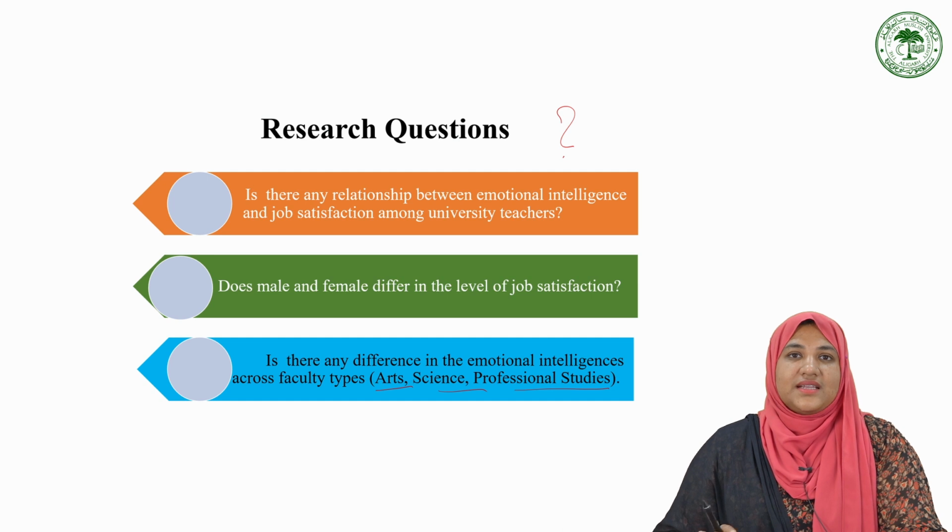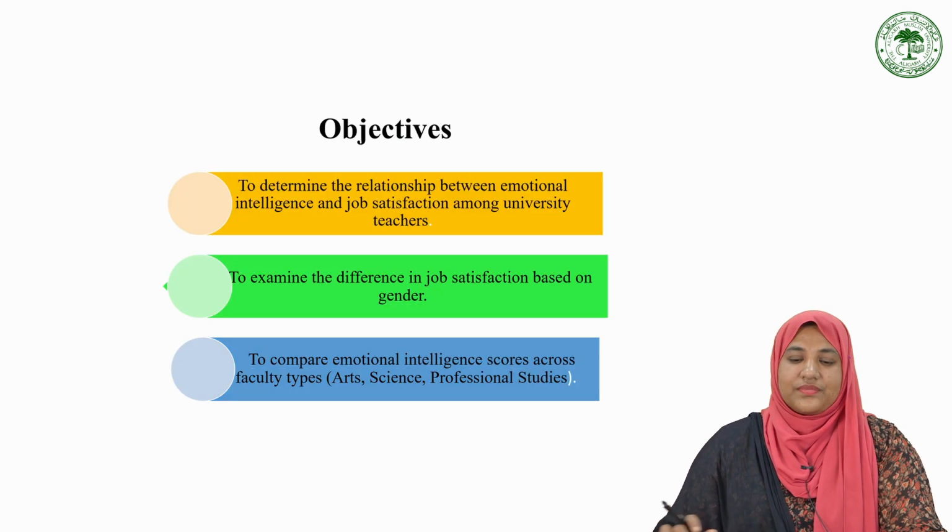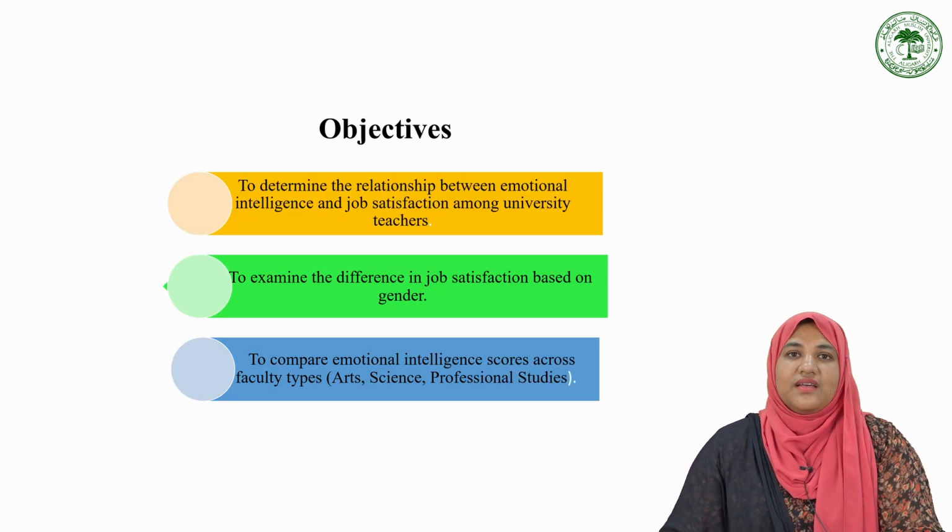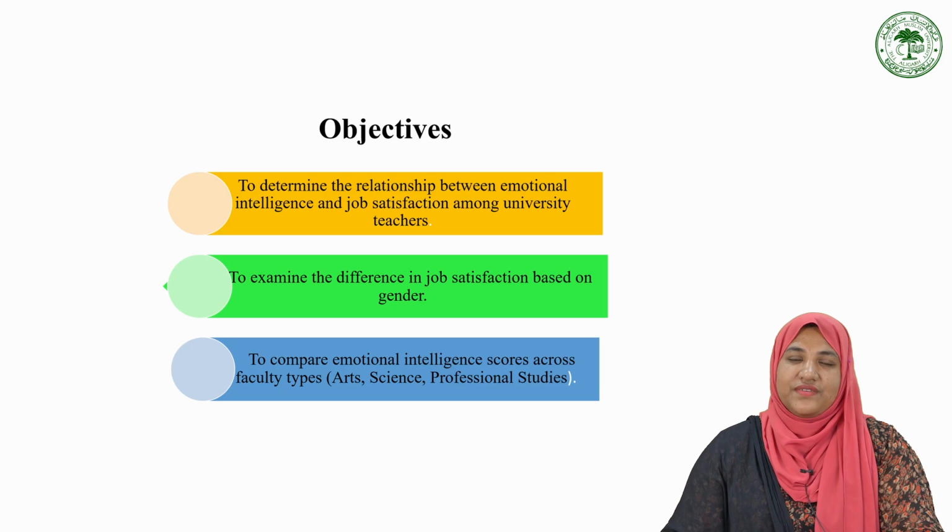And next, let's move on to the objectives. So here, to determine the relationship between emotional intelligence and job satisfaction among university teachers. That is our first objective. We are going to determine the relationship between emotional intelligence and job satisfaction. Next one, to examine the difference in job satisfaction based on gender.